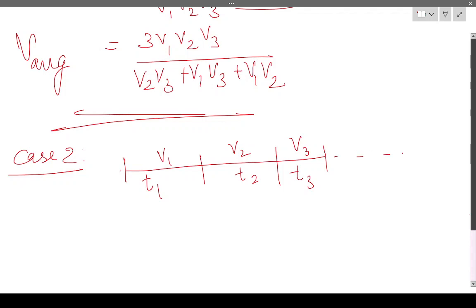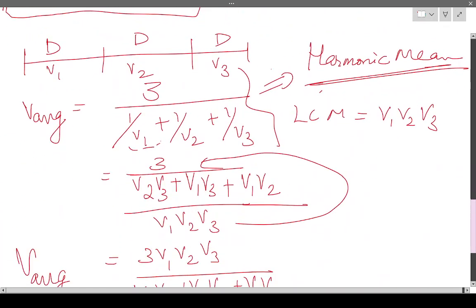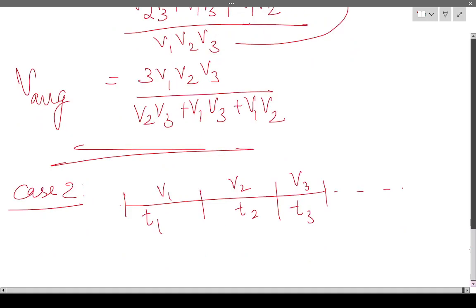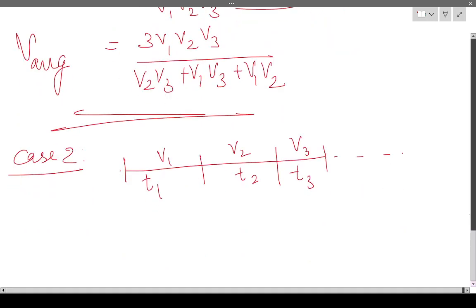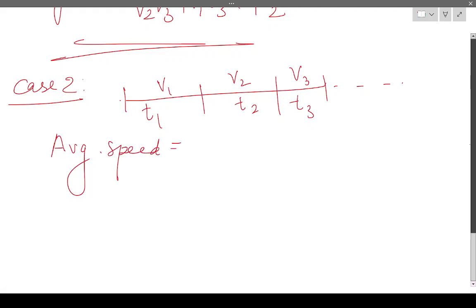Now the question is, what is the average speed? Average speed is nothing but, we know that the distance is going to be S1, this distance is going to be S2, this distance is going to be S3.